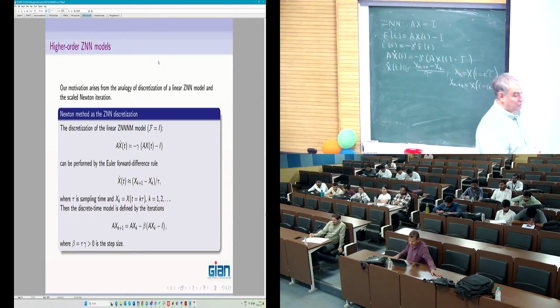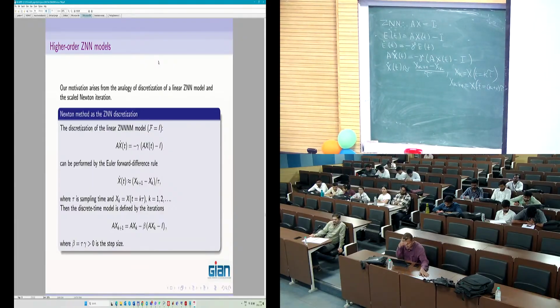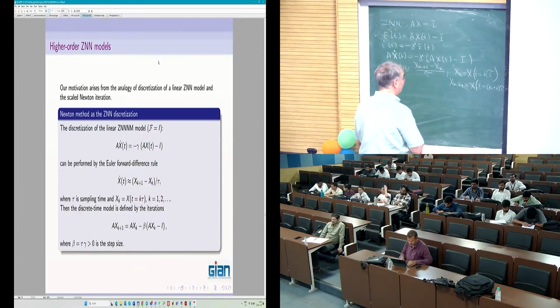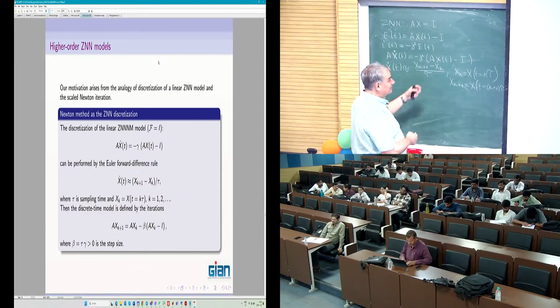It is desirable to use a small sampling time for discretization. If we divide two successive values by the sampling time, we obtain an approximation of the time derivative.